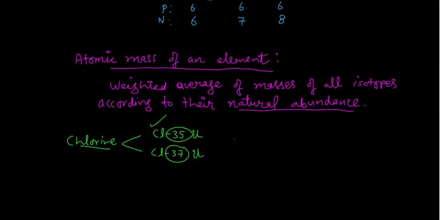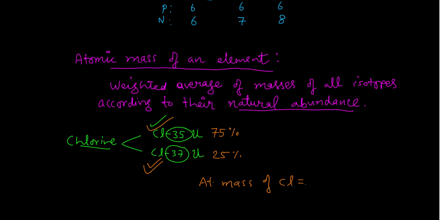And what is their natural abundance? Chlorine 35 is usually found in 75% abundance, and chlorine 37 in 25% abundance. So if you collect chlorine from nature, you will observe that almost 75% of this type of isotope is present, and around 25% of the other type. Only these two isotopes are present. So what will be the atomic mass of chlorine?